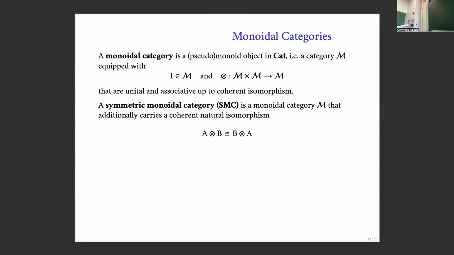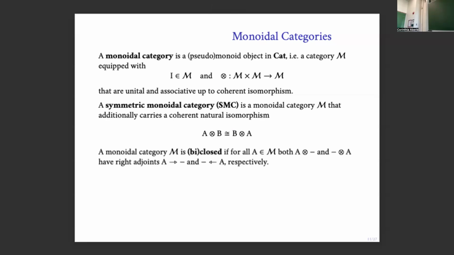A symmetric monoidal category is a monoidal category where we additionally have a natural isomorphism like this for all elements A and B, which also has to satisfy some coherences. And then a monoidal category M is biclosed if for all elements A of M, both tensoring with A on the left and tensoring with A on the right have right adjoints, written like this and this respectively.